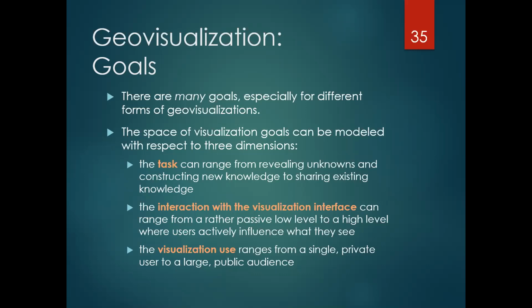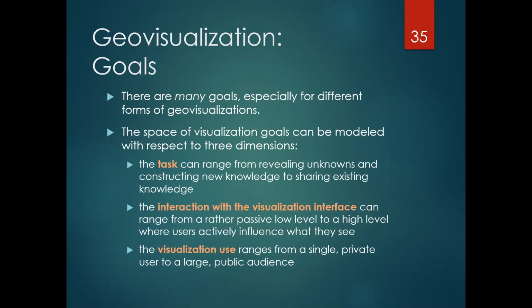That's the first dimension. The second dimension is the interaction. It can range from a rather passive low level to a very high level of interaction. So on this dimension, two extremes are very low level interaction or no interaction, and a high level of interaction.